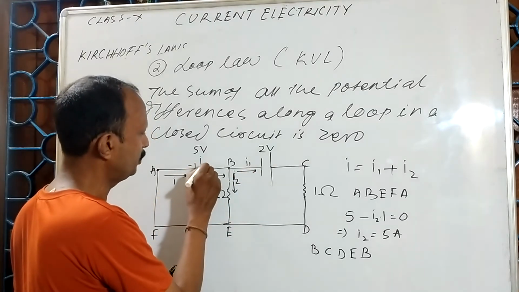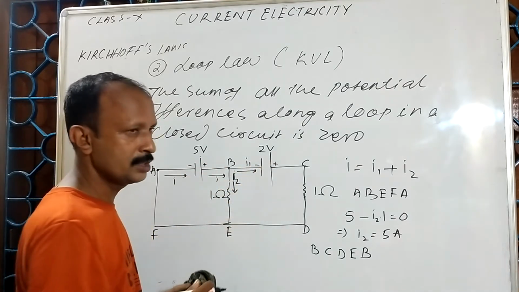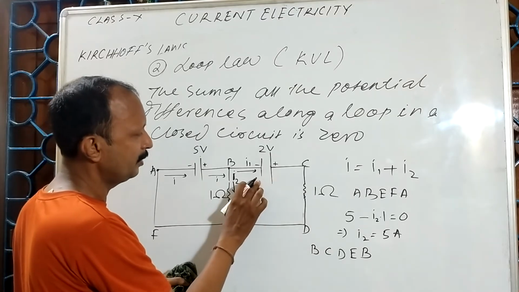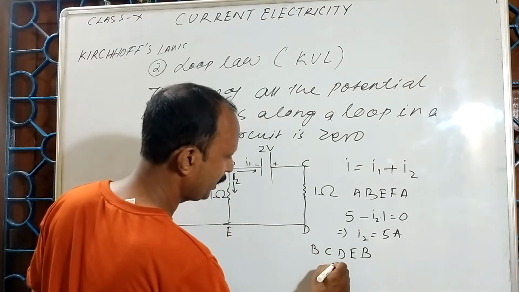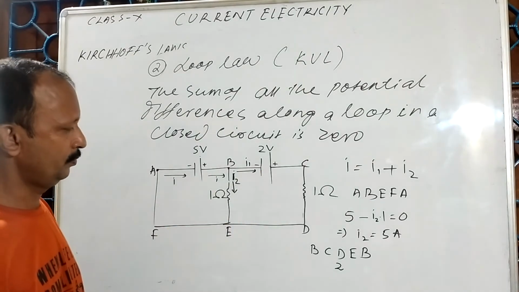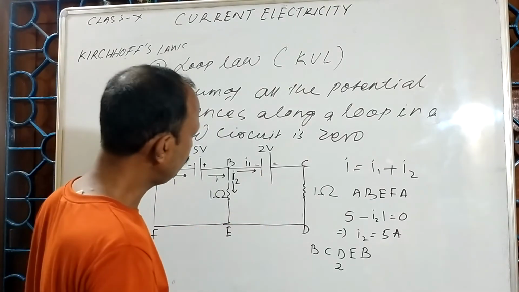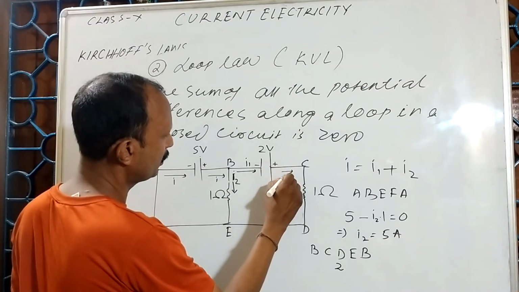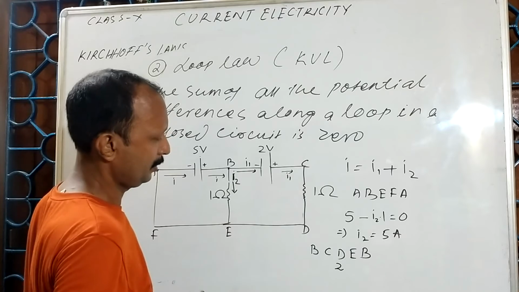This is negative, positive, this is negative, this is positive. So here there is a rise in potential difference. Definitely I shall write this is plus 2. Again, the current I1 is here. We have taken that this is I1.